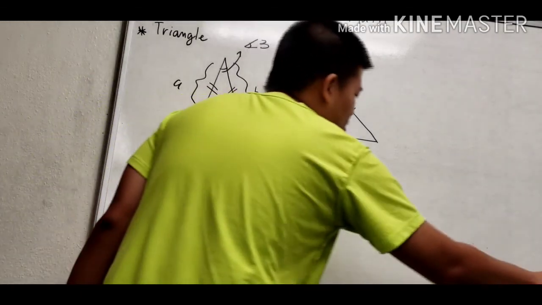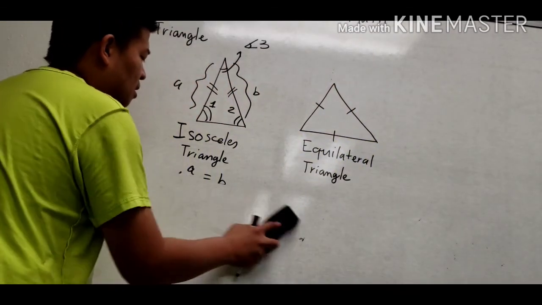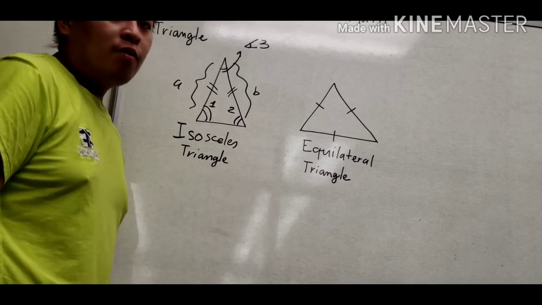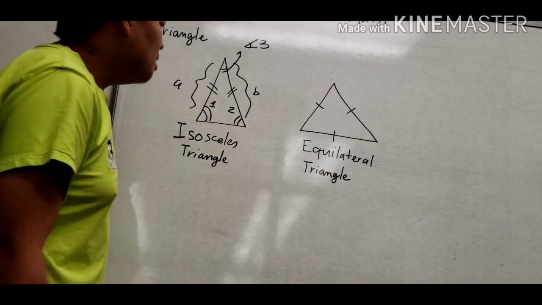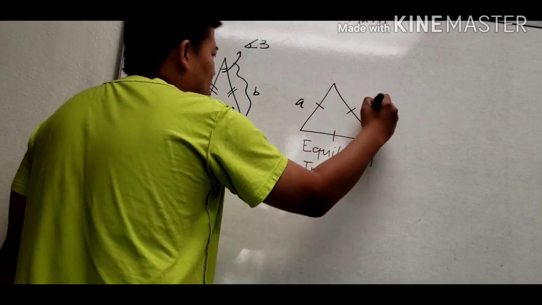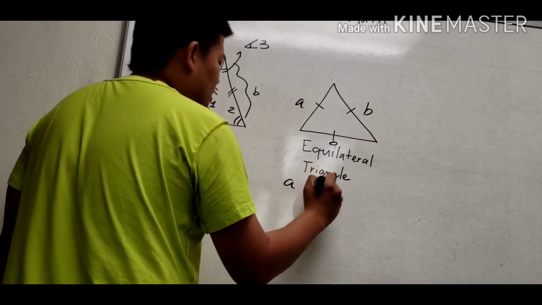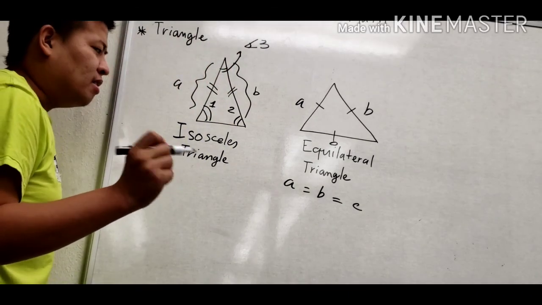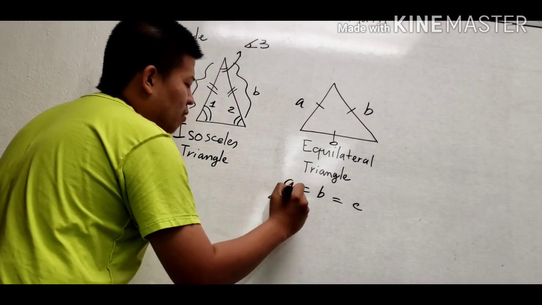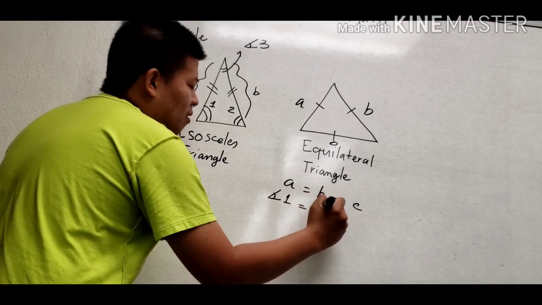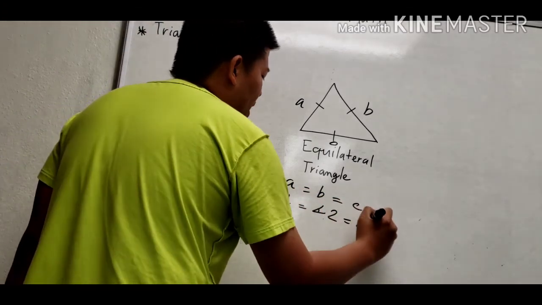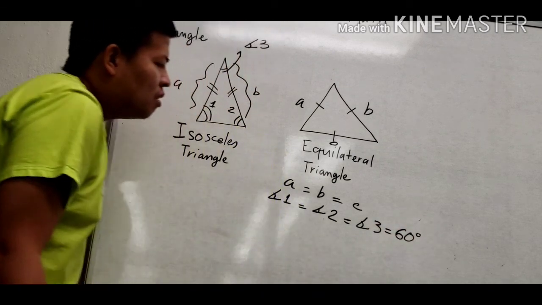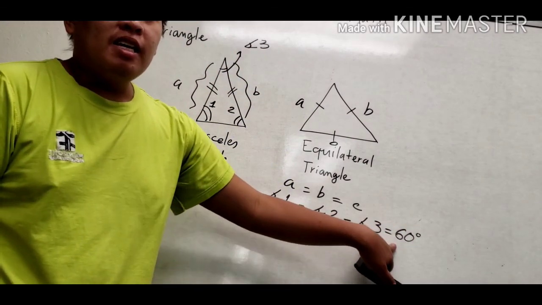The next one is about the equilateral triangle. This means A, B, and C have the same side. Because A, B, and C have the same side, we have angle number 1 equal to angle number 2 equal to angle number 3, and this is 60 degrees. Why do we get 60 degrees?